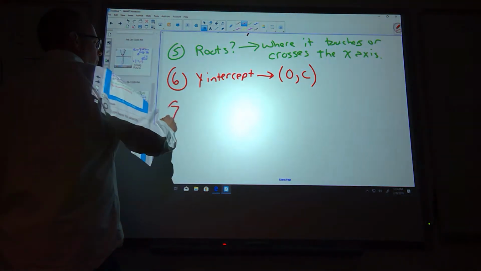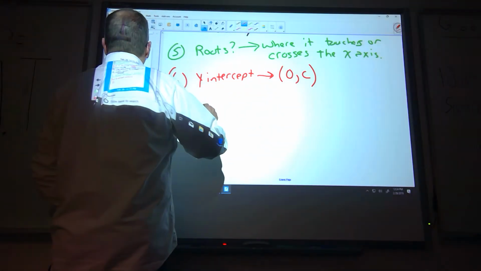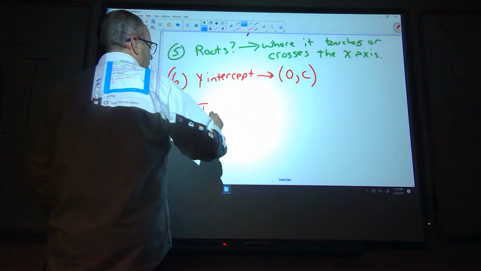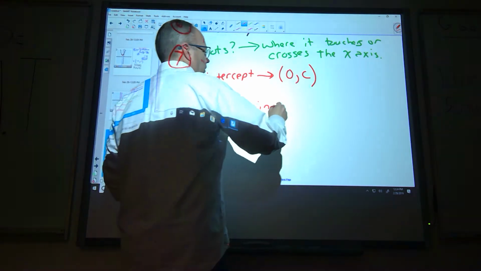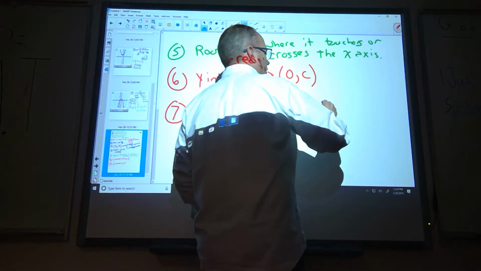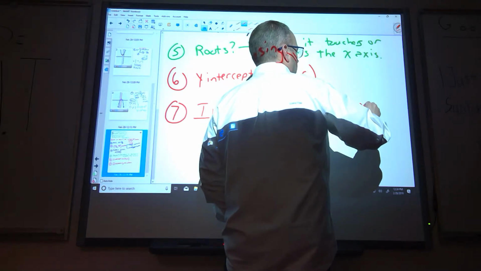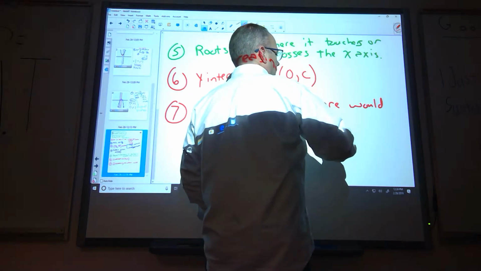Let's say we had, where is it increasing? And all it means when it's increasing is where would slope be positive?